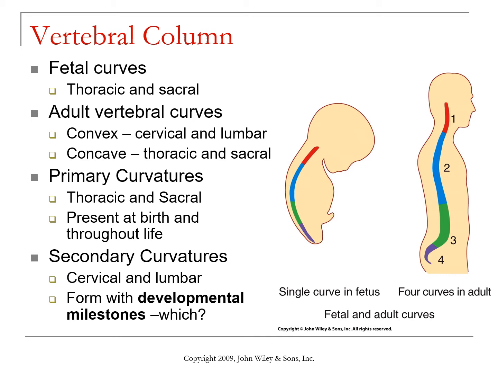And that refers to their behavior as well as their needs, and in this case, their vertebral column anatomy. So the primary curvatures, again, are present at birth. Those are the thoracic and sacral. The secondary curvatures develop with the child's development, cervical and lumbar curvatures, and the secondary curvatures diminish towards the end of life as well.